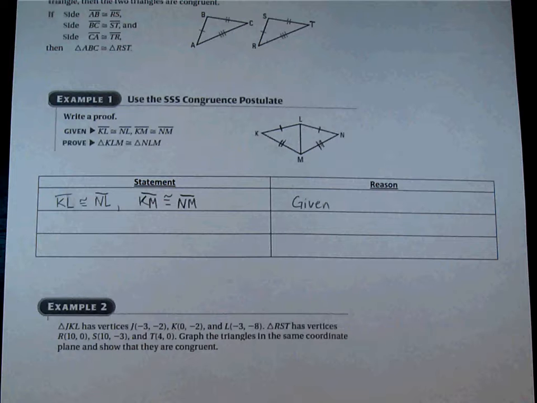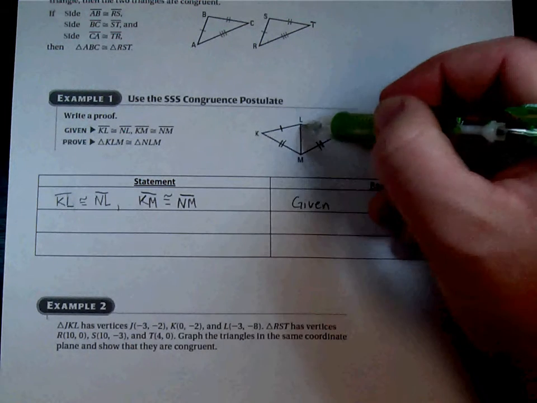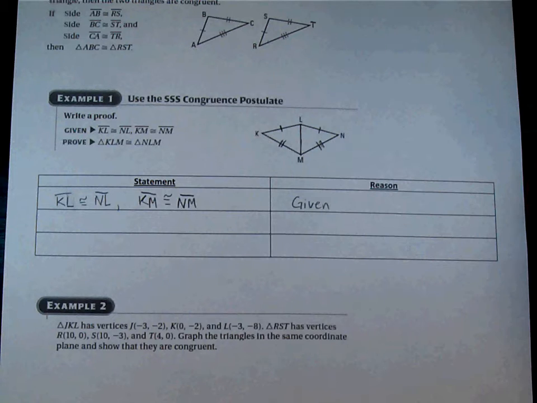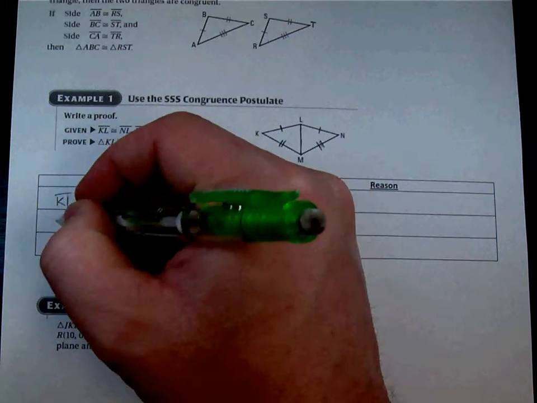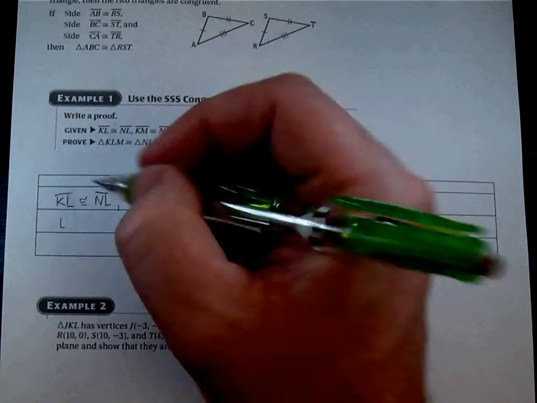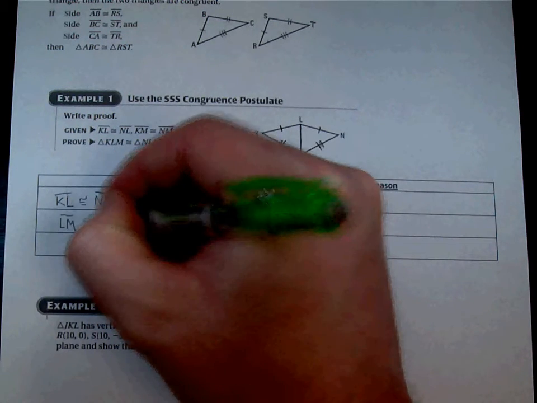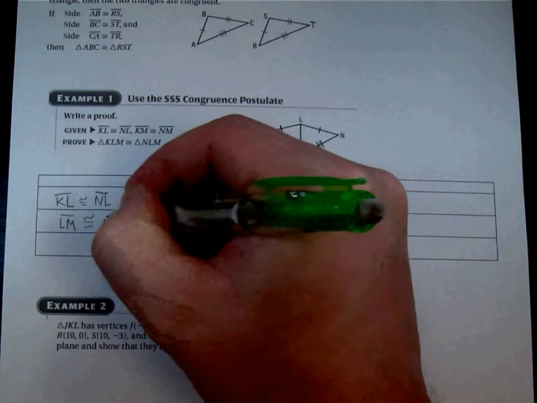So we're done with givens, but if you look at the picture, do we know that their 3rd sides are congruent? Well, the 3rd side of this triangle is LM. The 3rd side of the other triangle is also LM. They're the same segment. They share that side. So of course it has to be congruent to itself. So that's my next statement, that segment LM is congruent to itself. It's congruent to segment LM.